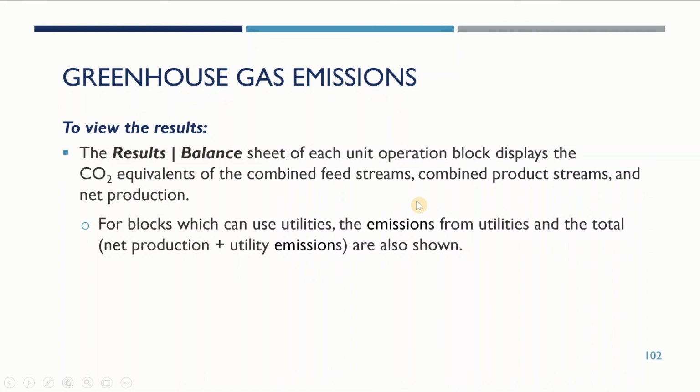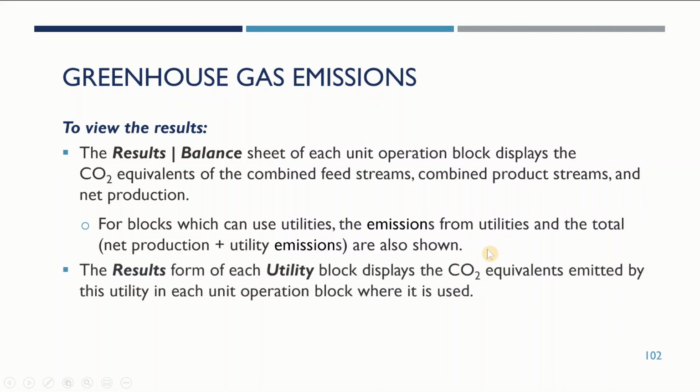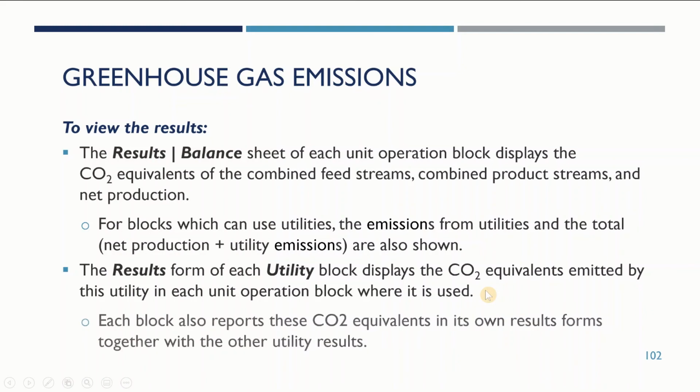For blocks which can use utilities, the emissions from the utilities and the total emissions from net production and utilities are also shown. You can also use the results form of each utility block to see the CO2 equivalents emitted by each type of utilities in each unit operation block. Each block also reports these CO2 equivalents in its own results form together with the other utility results.